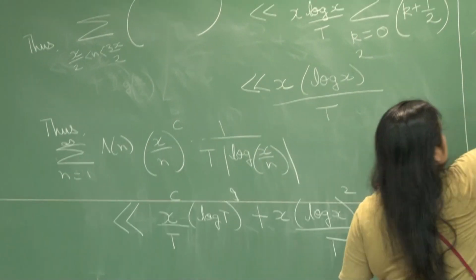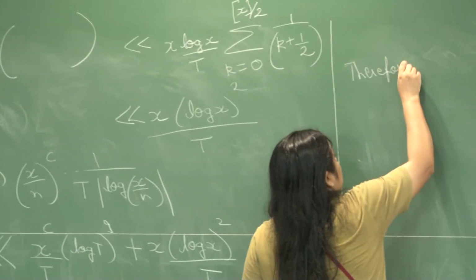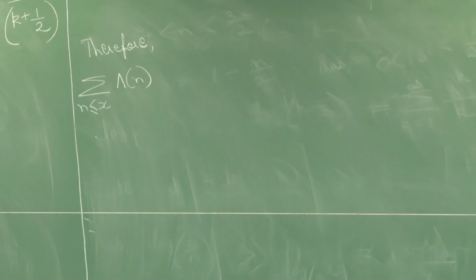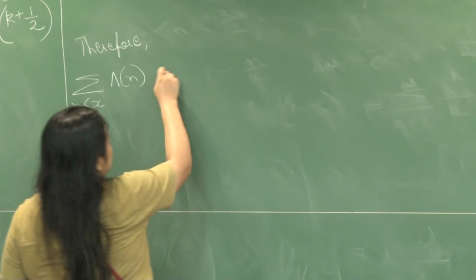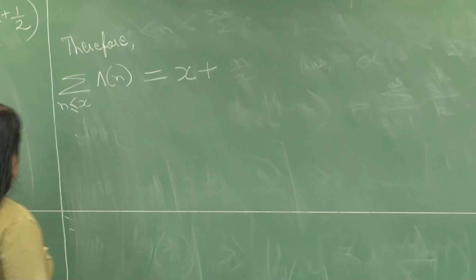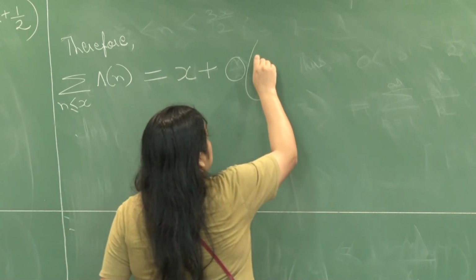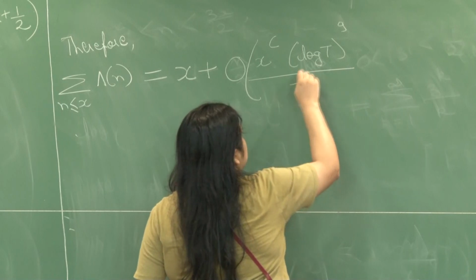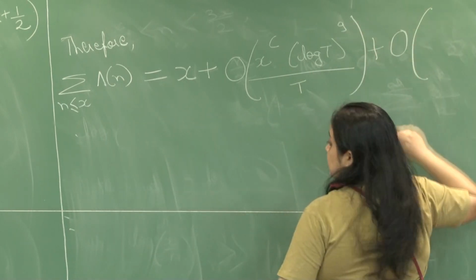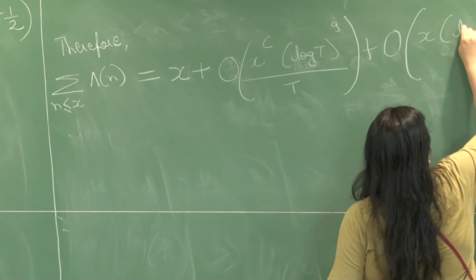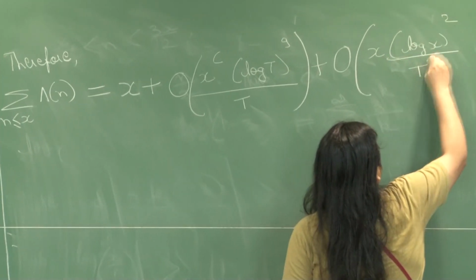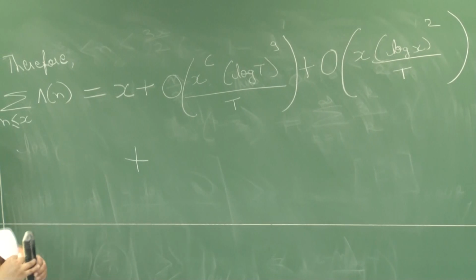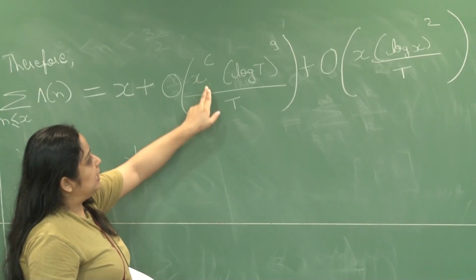Therefore, the summation of lambda of n as n runs up to x is equal to x plus O of x raised to the c (log T) raised to the 9 over T, plus O of x (log x) whole square over capital T, plus O of x raised to the c over capital T, which was coming from the error terms in the contour integral, but that error term gets absorbed in this.